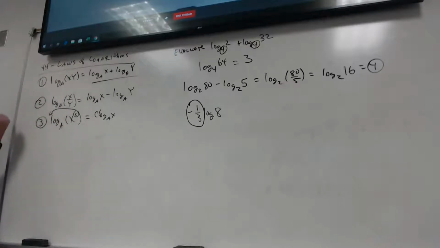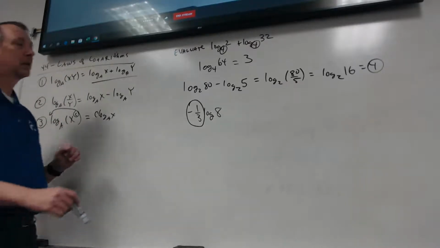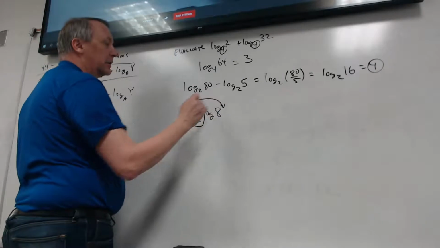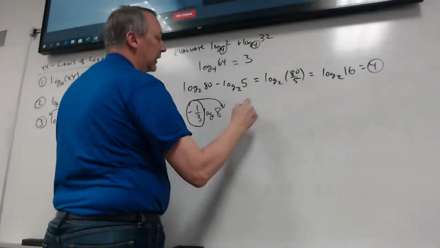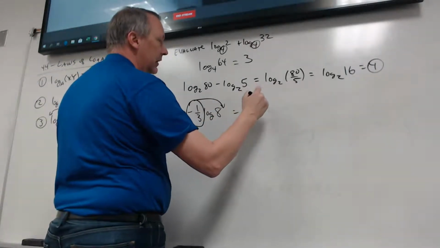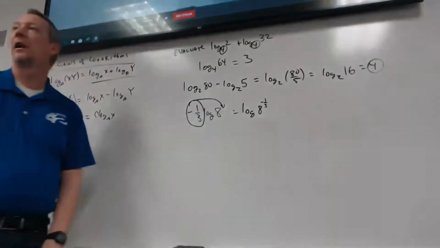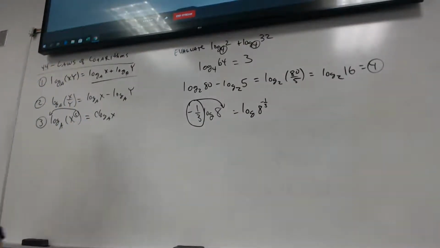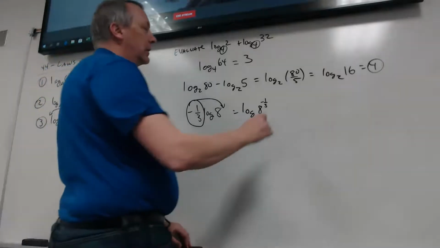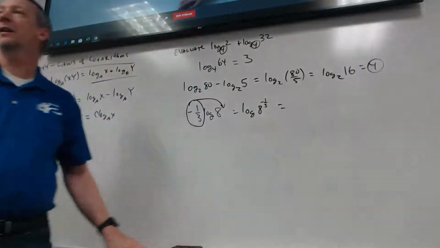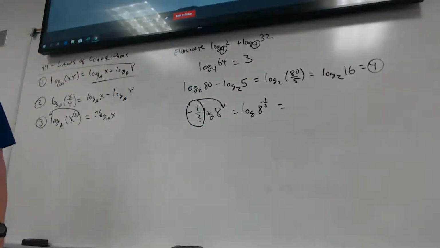We're using these backwards, aren't we? So I can put that over on the exponent of this. This becomes log of 8 to the minus 1/3 power. Now, can you write that a different way, without a negative exponent?